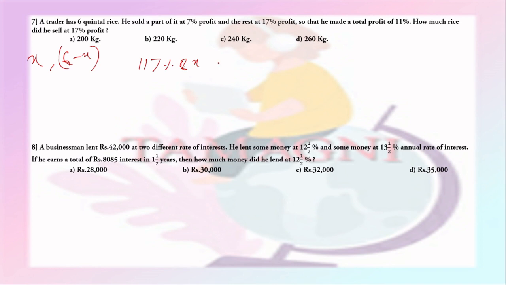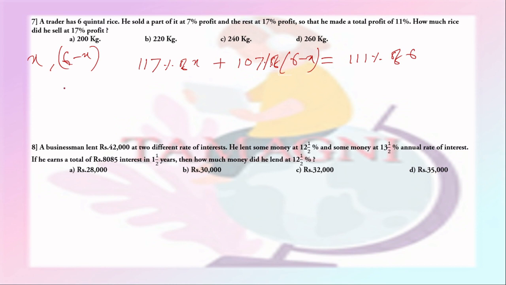And in the second case, similarly, he gets 107% of 6 minus x quintal of rice. That is, the price has been increased. This will be equal to, since overall he gets 11% profit, 111% of 6.